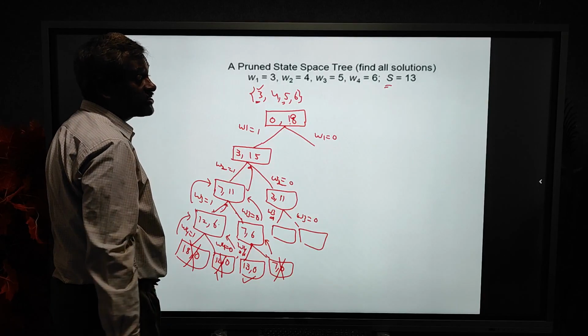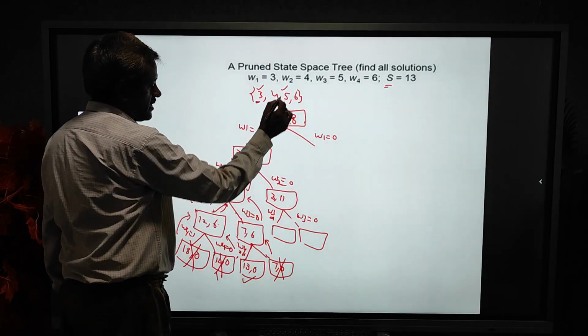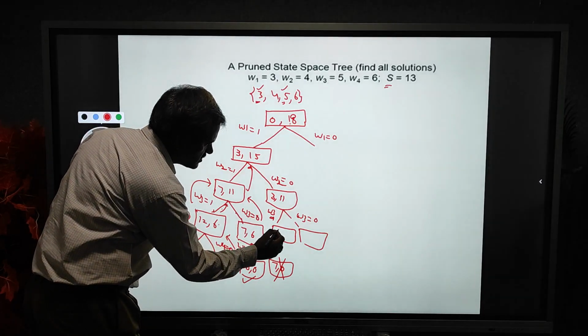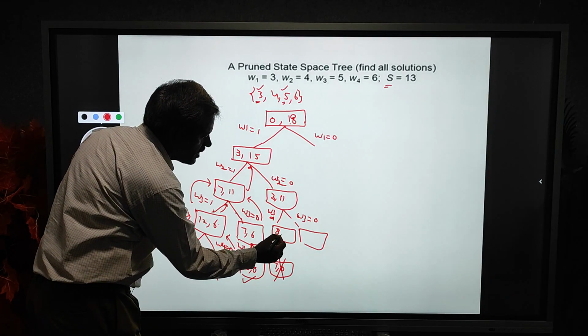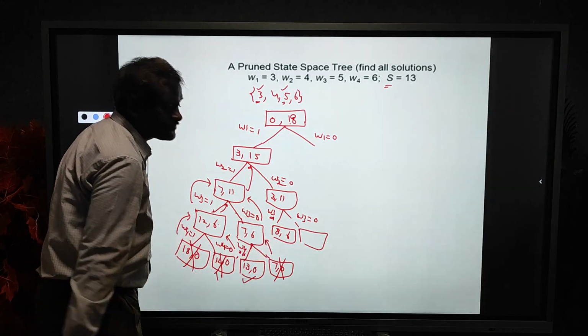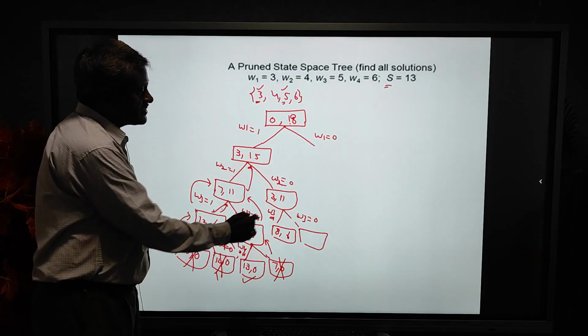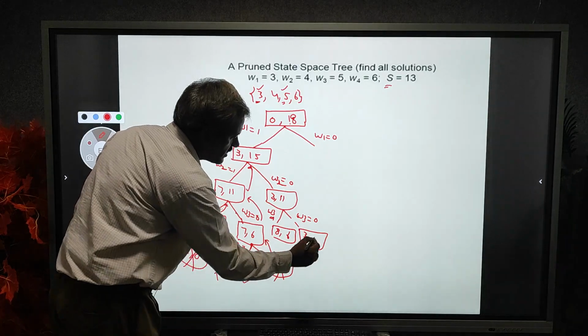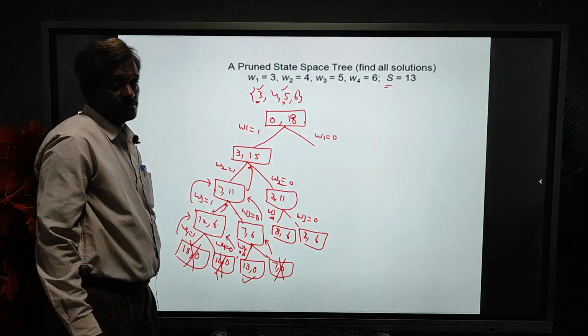Okay, if I am going to have W3 equal to 0, that means I am considering 1, I am considering 5. So 3 plus 5 is how much? 8. And what remained? 6. I am not considering W3 here also, so it is going to be 3, and what remained is going to be 6.